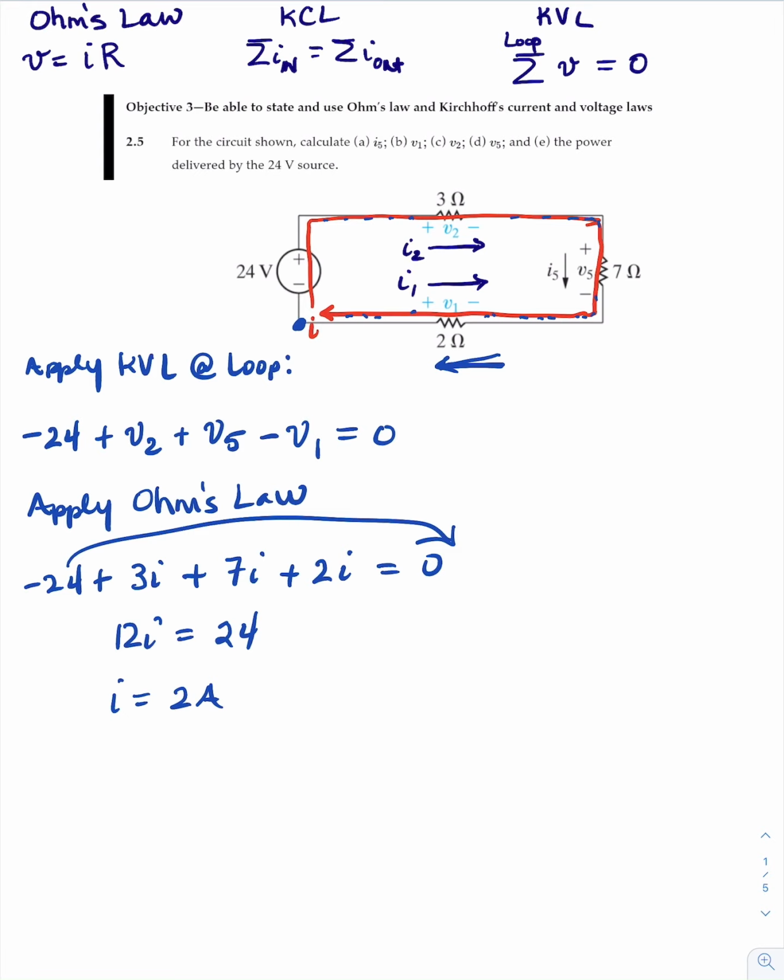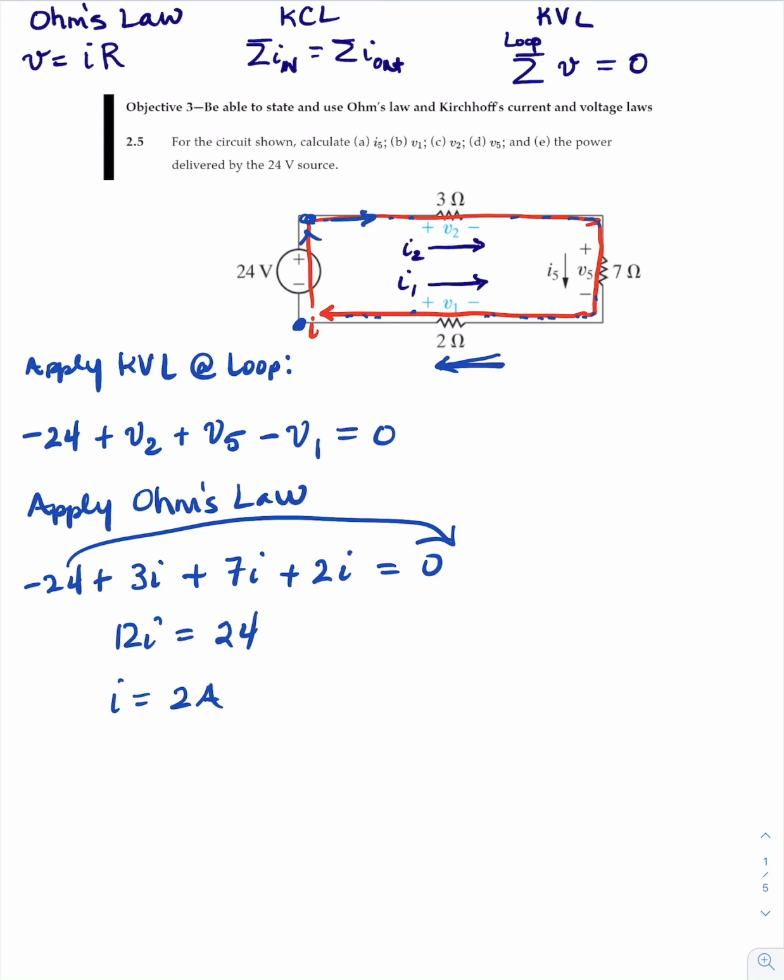We're looking at problem 2.5. I'm just going to go with it. All right. So if I is equal to 2 amps, we can see that this is I, and let's say it's coming into this node, and I sub 2 is leaving at that node.